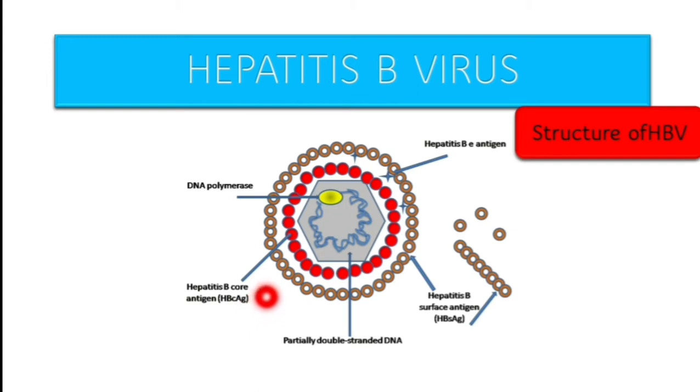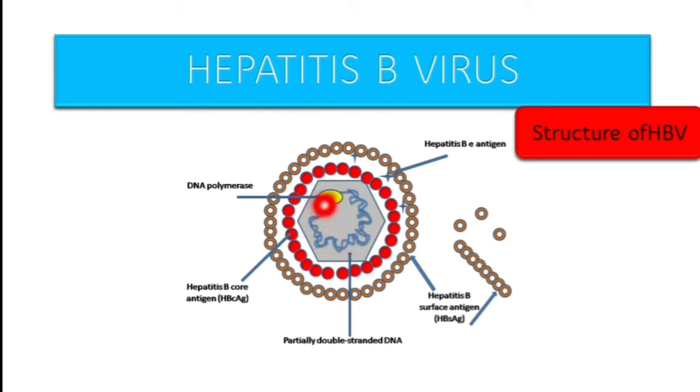And between the hepatitis B surface antigen and the hepatitis B core antigen, you will find the hepatitis B envelope antigen, labeled here. And inside, of course, you will see the partially double-stranded DNA. Here you have your DNA polymerase, right?